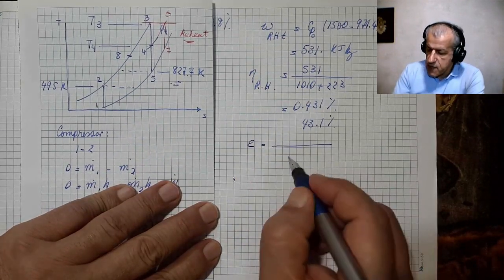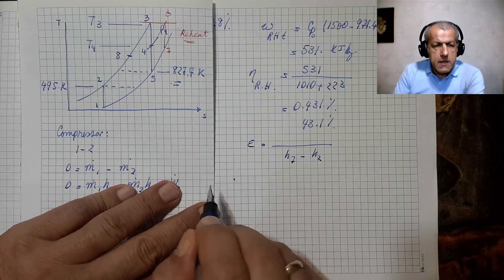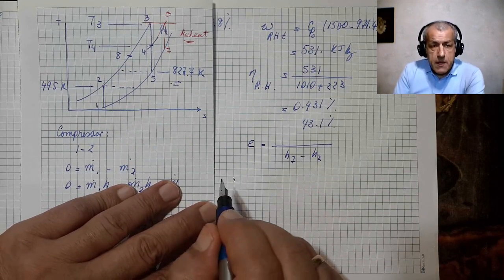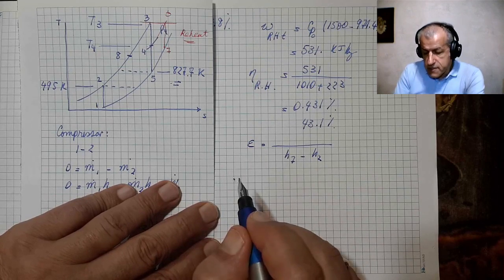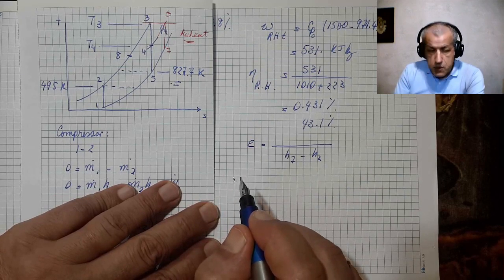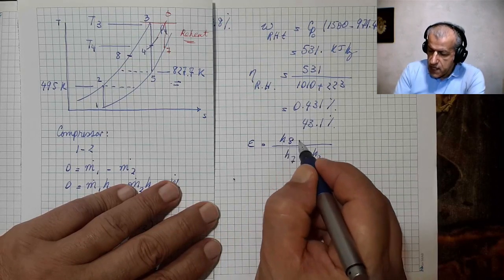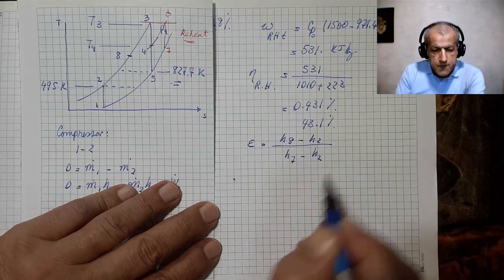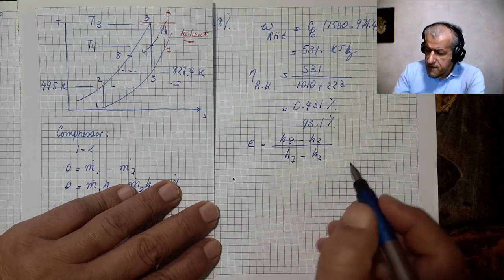So H7 minus H2 is our ideal. It doesn't happen, and you can only heat the compressor exit air to point, say, 8. So what we get is H8 minus H2.